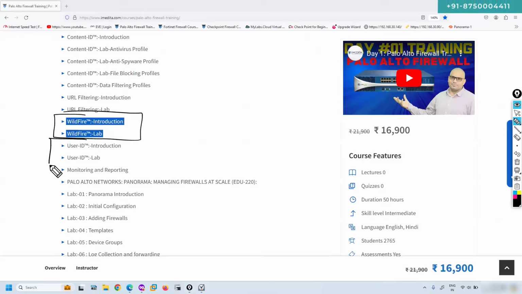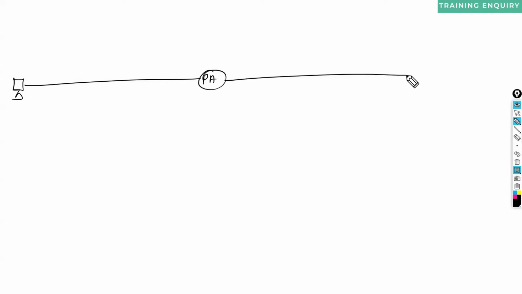Okay, next we have User ID. What is this User ID? We can understand it in two ways. First of all, assume we have a PC. The PC is connected with Palo Alto, and Palo Alto is connected with the internet.